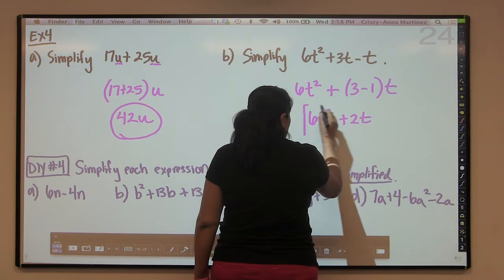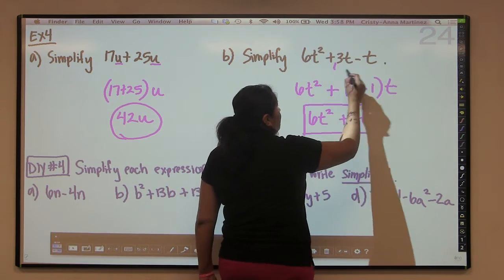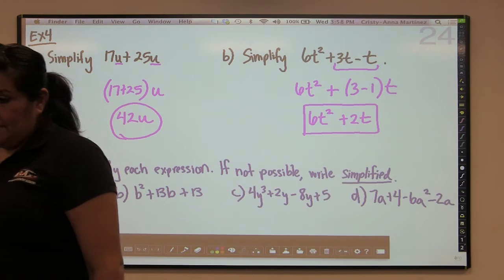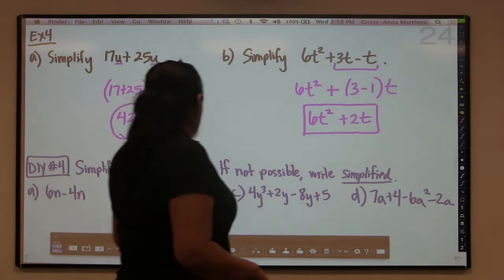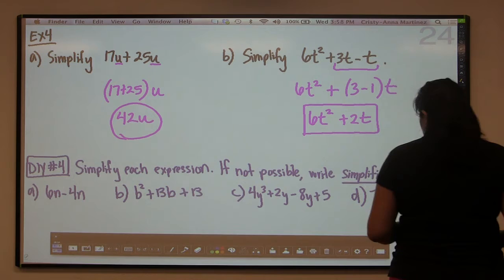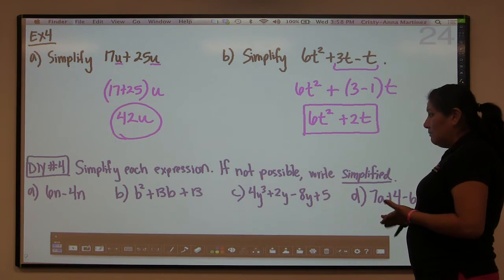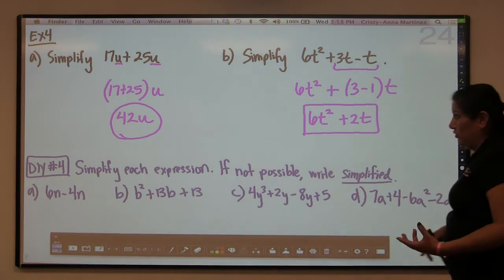And again, because one is a t squared and one is a t, we can't combine those. So we were able to combine these two, but we can't combine the first term, which was 6t squared. And so our final answer is 6t squared plus 2t. So you have 4 examples to try on your own here. Remember that you can't always simplify it, so simplify each expression. If it's not possible, then you write simplified, that it's already simplified.